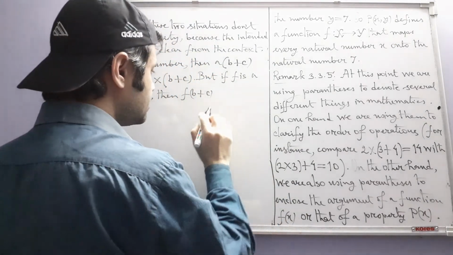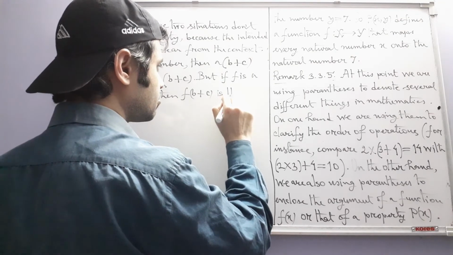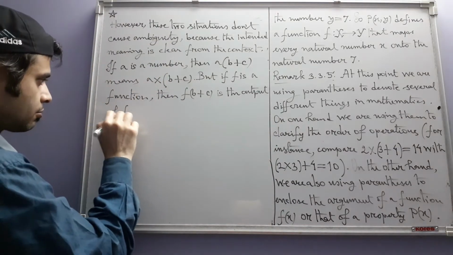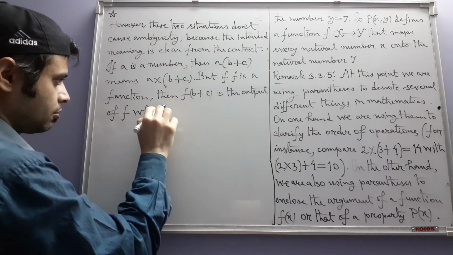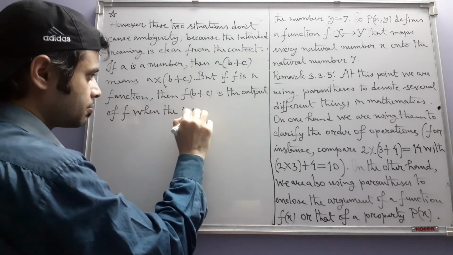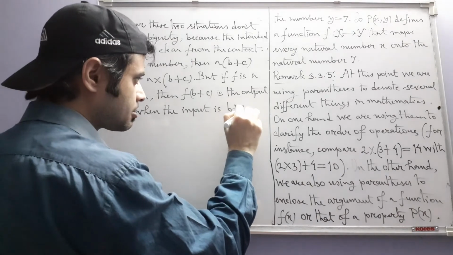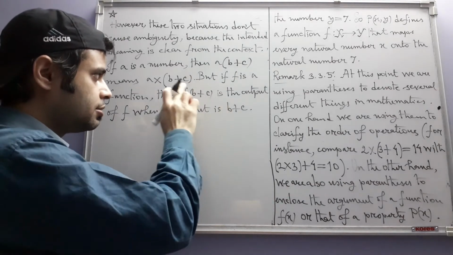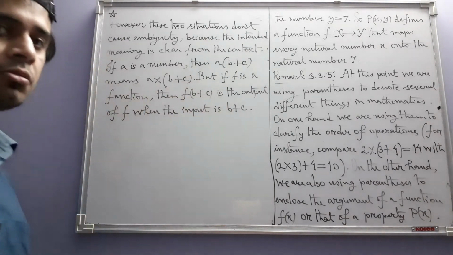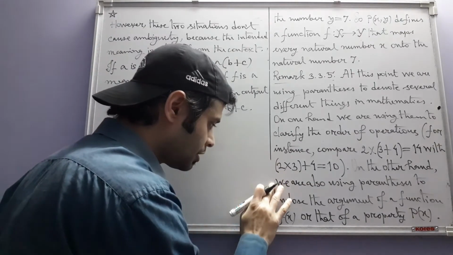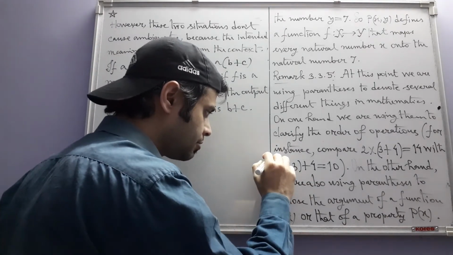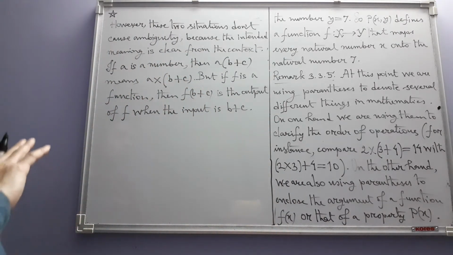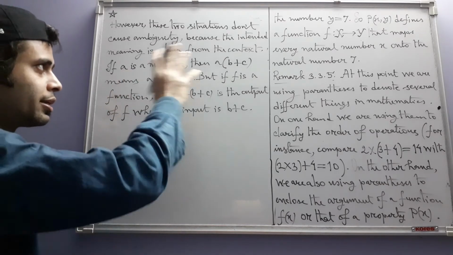Okay, this is the output of f when the input is b plus c. And this difference is clear because when you are writing this, you will know that this f is not a number but a function. In some cases, this distinction may be difficult to notice, but there will be no situation where you will get confused. Usually the context makes things clear.